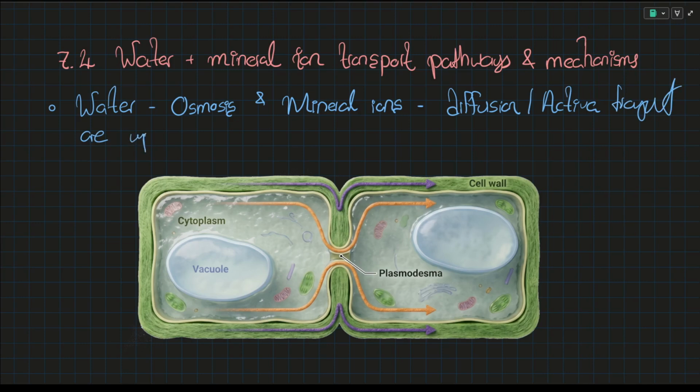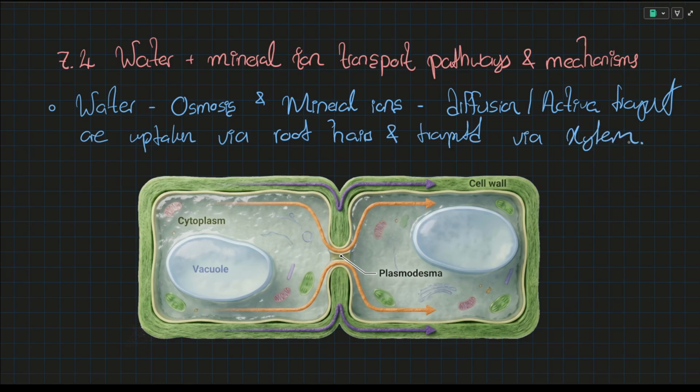Are uptaken via root hairs. Don't worry about the diagram you see below. We're going to be getting to that. And transported via xylem vessels. That we already know, because the function of xylem vessels is the conduction of water.